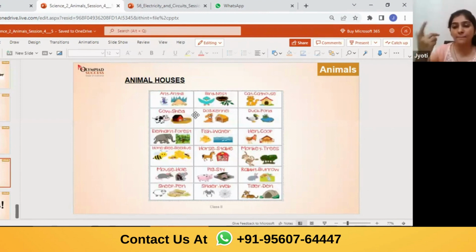So the main thing is where their habitat is, where they live, where they stay, where their home is. Okay, clear? See, monkeys on trees, so you can say they are arboreal animals. Rabbit, burrow. Duck, pond, or in water, you can say.